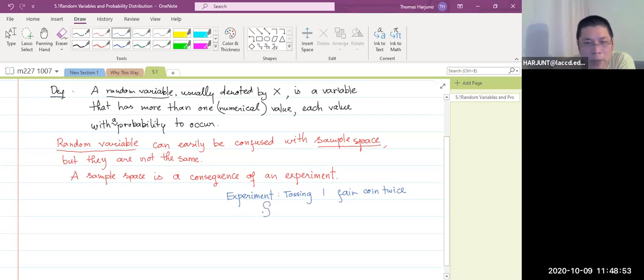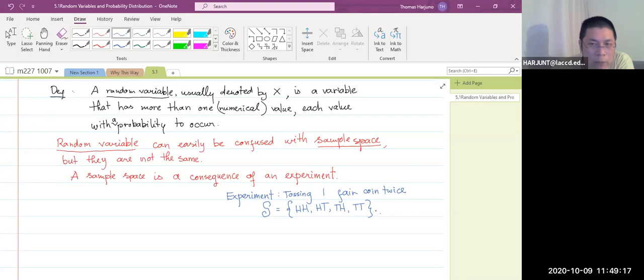Then the sample space follows right away. The possible outcomes are head then head, head then tail, tail then head, or tail and tail. When you do this experiment, the outcome must be one of these 4 possibilities.